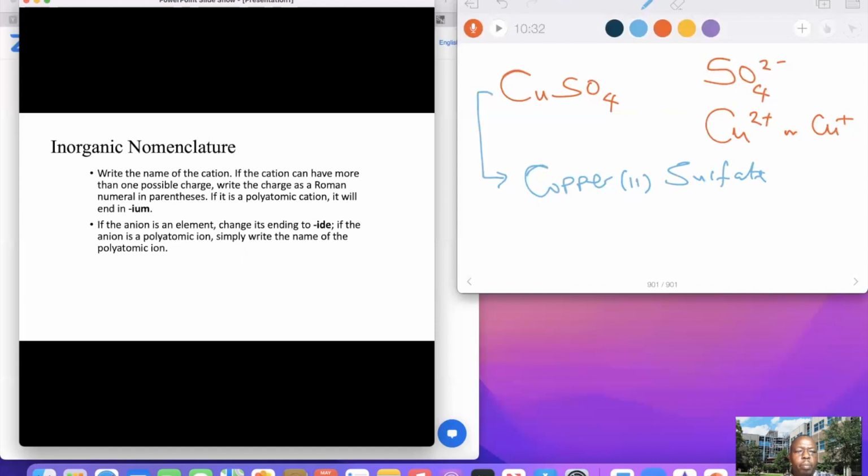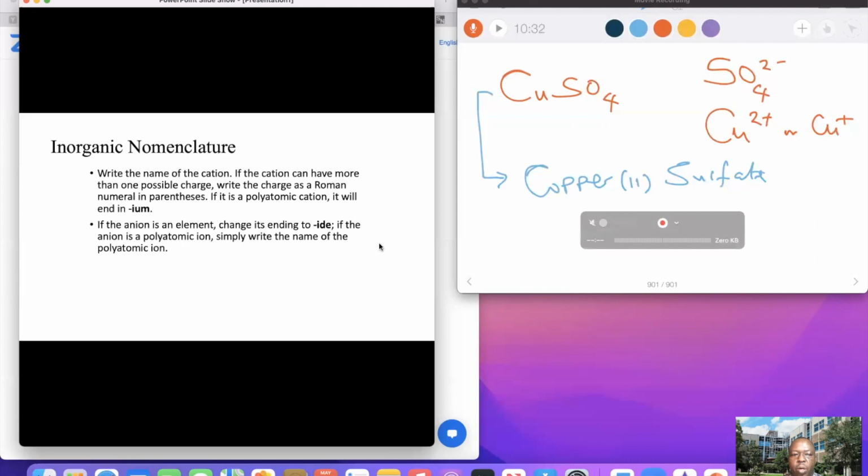Inorganic compounds are those compounds which consist mainly of elements other than the element carbon. If a cation is a metal that forms more than one charge, we use the Roman numeral. I've shown you how to use that.